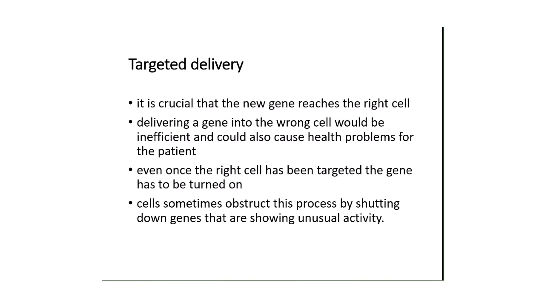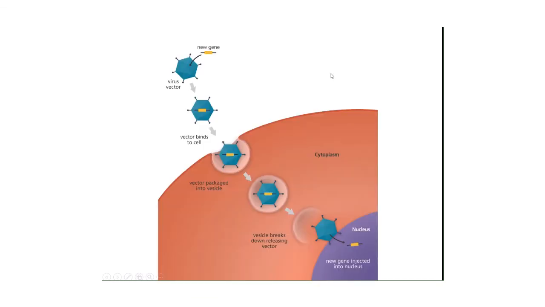In fact, sometimes the cells have built-in mechanisms to shut down foreign genes that are showing unusual activities. So even though the gene may get into the cell, there will be other mechanisms that will shut it off. So there are all these problems that still need to be solved for gene therapy to be developed widely.